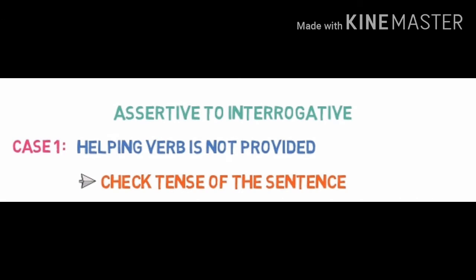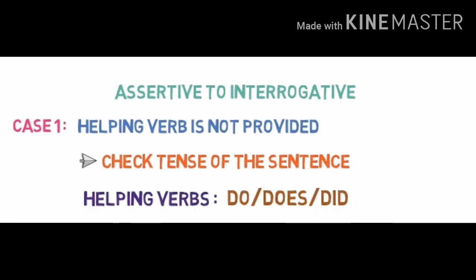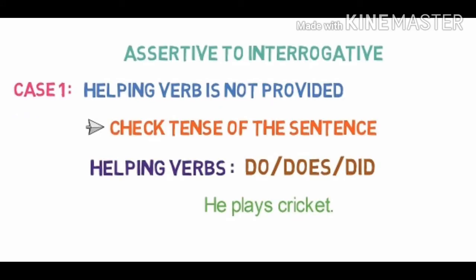In case 1, if the helping verb is not provided, then check the tense of the sentence, and accordingly, whatever the tense is, you have to add the helping verb. What are the helping verbs? Do, does or did. Let's look at an example.